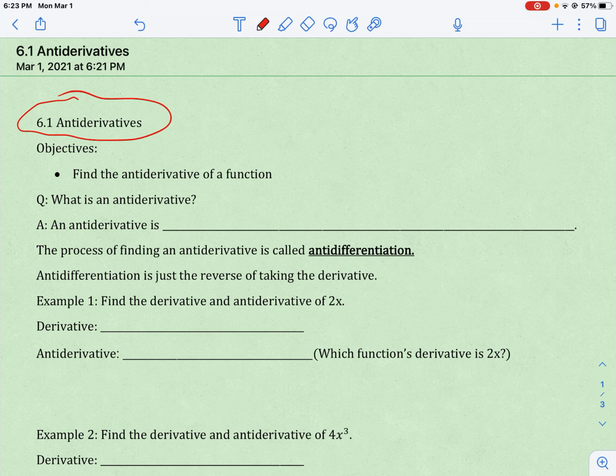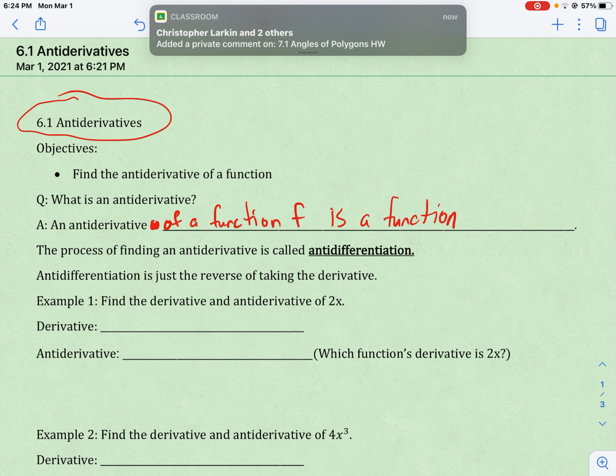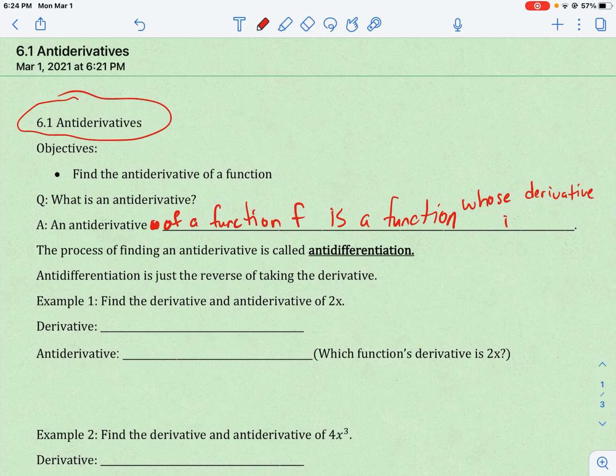I'll give you the technical definition, and then the general colloquial definition. The antiderivative of a function f is a function whose derivative is f.